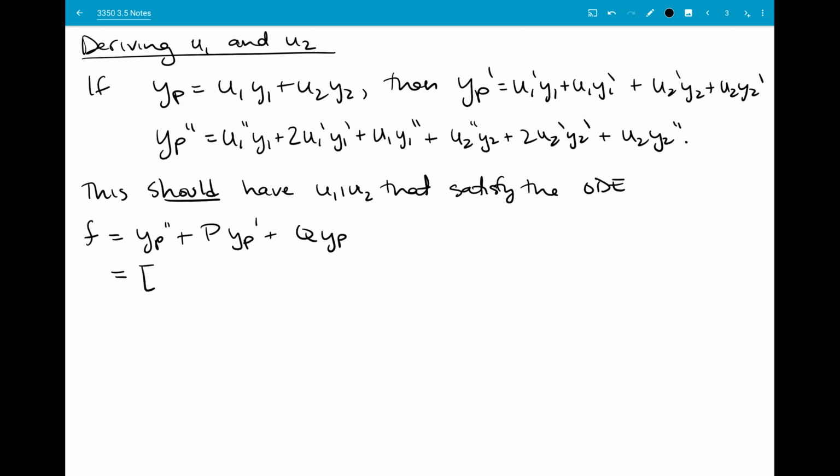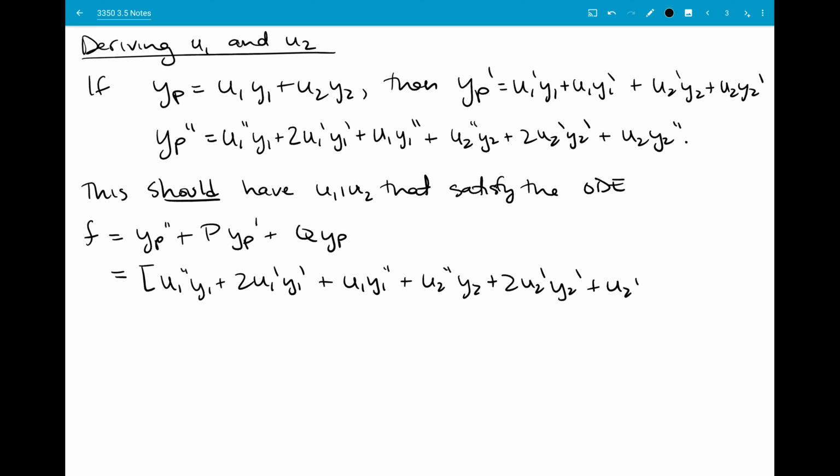So yp double prime was very long: u1 double prime y1 plus 2u1 prime y1 prime plus u1 y1 double prime plus u2 double prime y2 plus 2u2 prime y2 prime plus u2 y2 double prime. I'll do an arrow there. That was yp double prime, just taken from right up there.